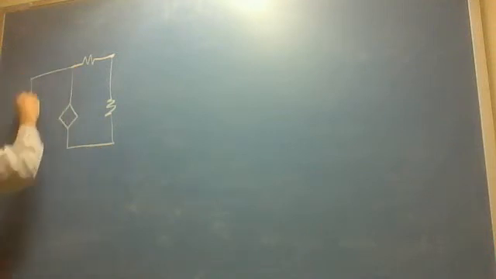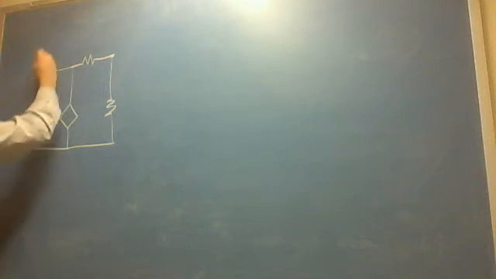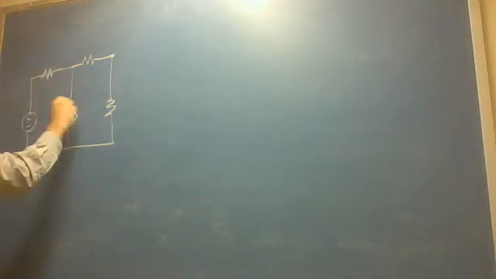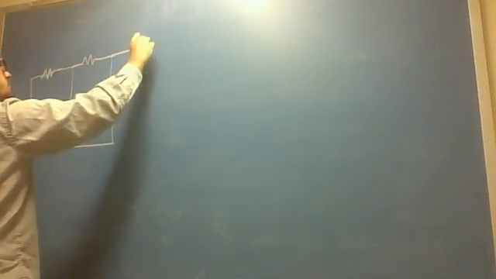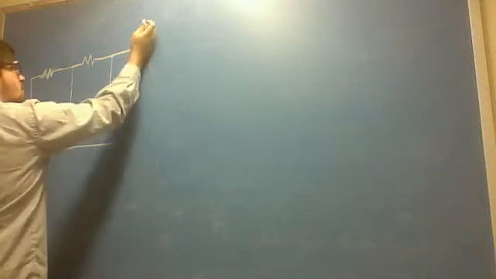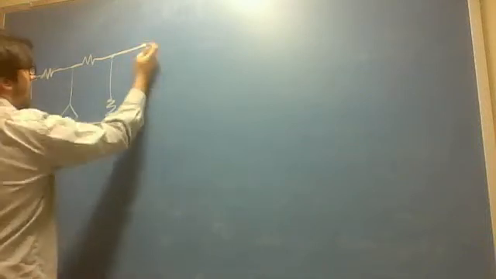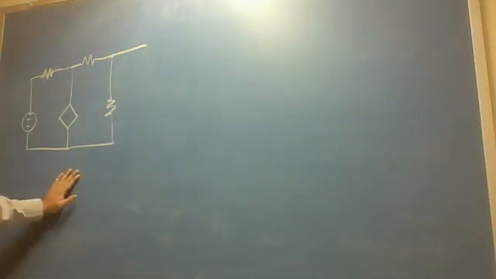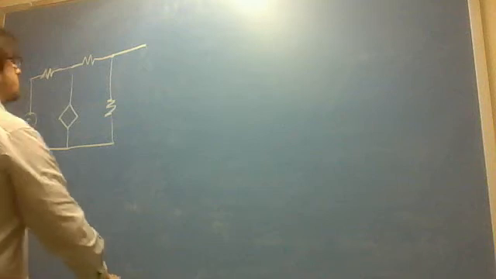I'll put minus plus, and then we have maybe, let's see. I'm trying to think about the way I want to give an example. Now let me make this clear.